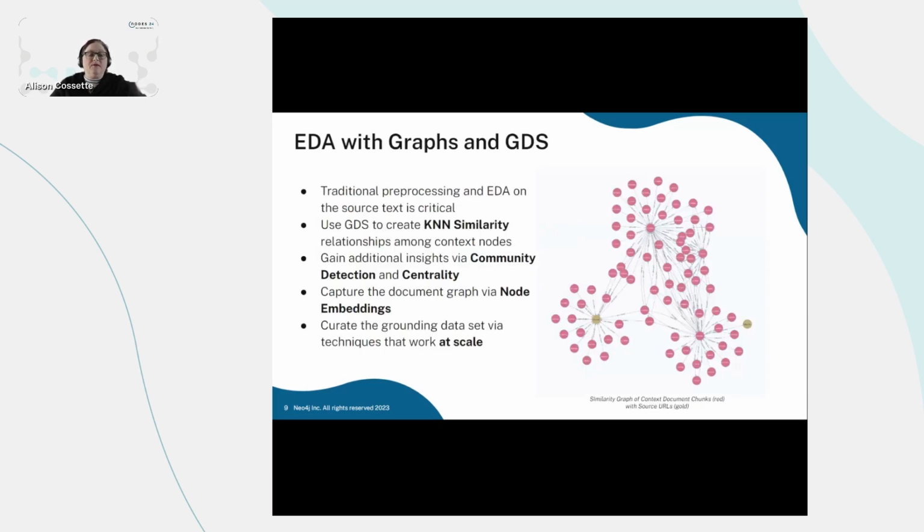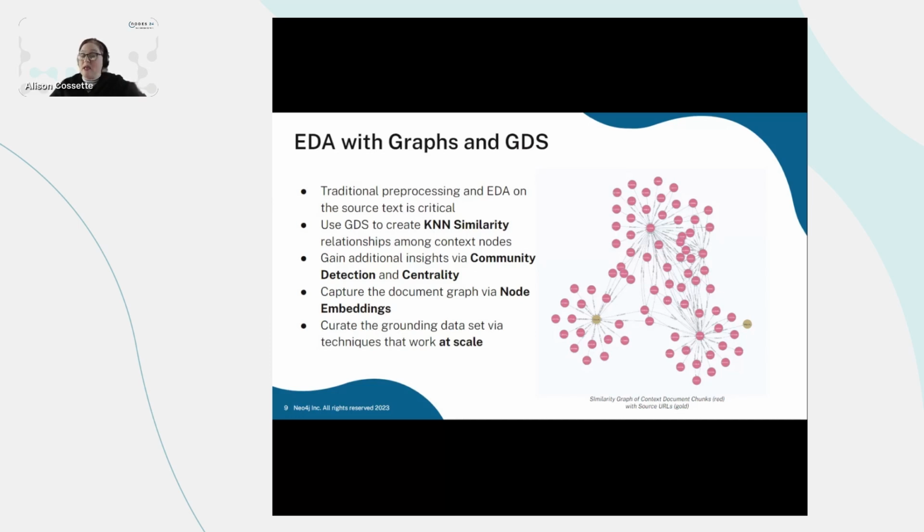When we look at EDA from a graph perspective, with graph data science, there's some things that you're going to want to do. One thing that you want to do is start looking at a KNN similarity relationship among the context nodes. So what we would suggest you do is you run a k-nearest neighbor similarity, and you create a new relationship among those.